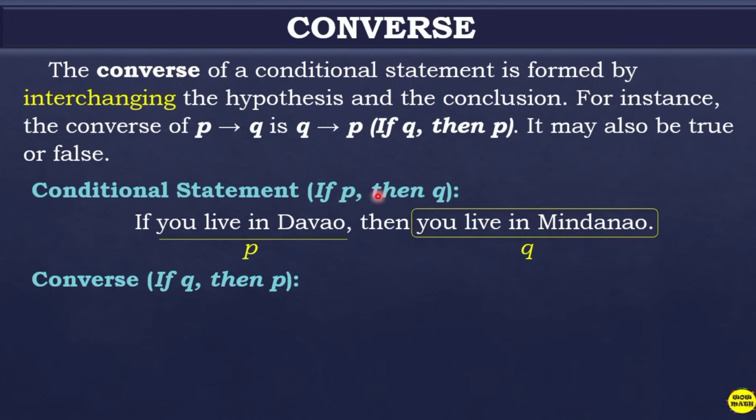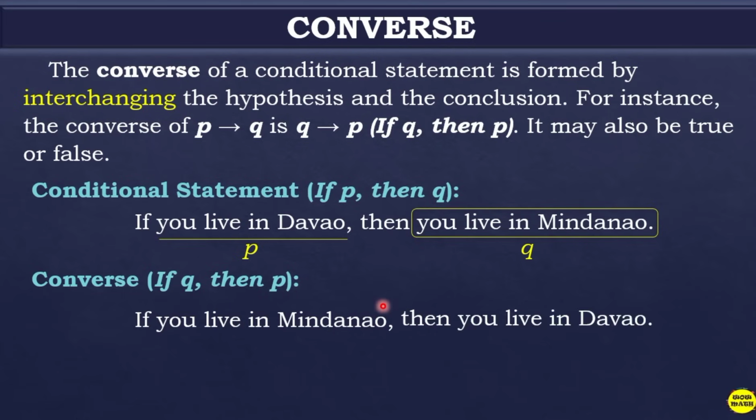natin. So if kung ang conditional ay if P then Q, ang converse natin if Q then P. Baliktad lang po. So magiging if you live in Mindanao, okay? If you live in Mindanao, then you live in Davao. Okay, so babaliktarin lang po natin yung ating conclusion and hypothesis.